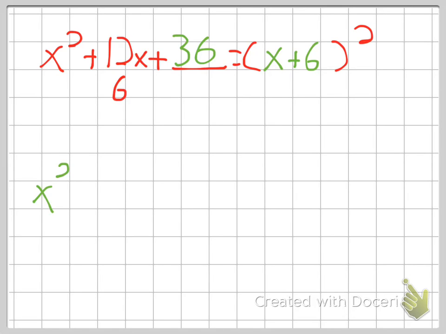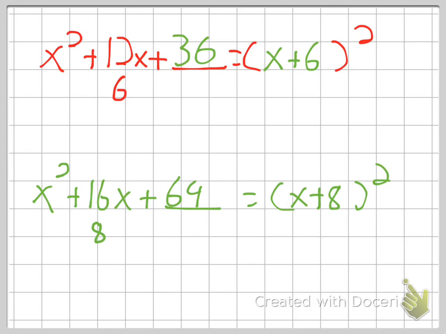Let's move on to 16x. Again, half the coefficient of the linear term is 8. 8 times 8 is 64, and then we have x plus 8. I hope this appeals to your intuition, and you don't want to keep drawing squares, so you're ready to just use the procedure now.